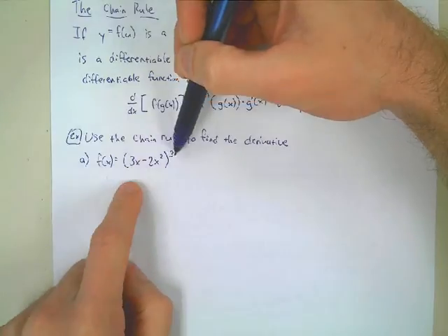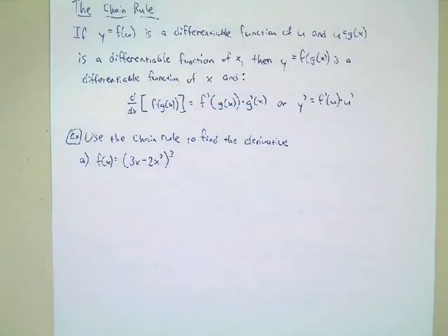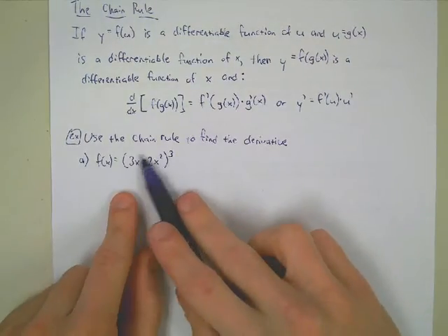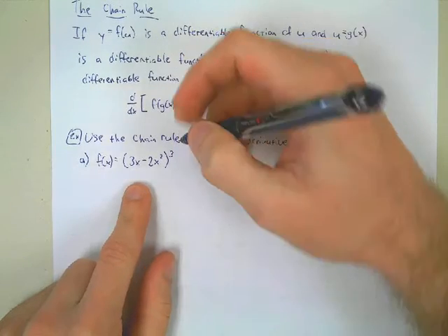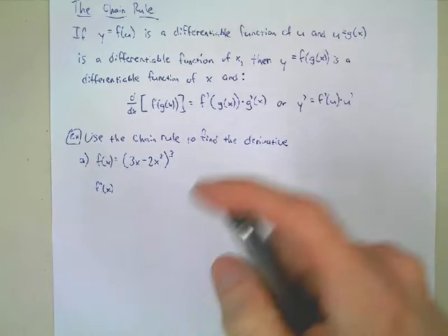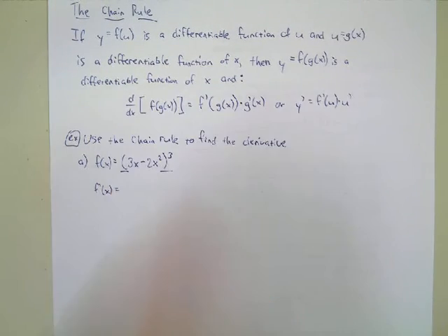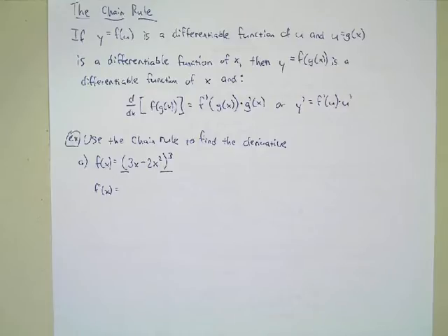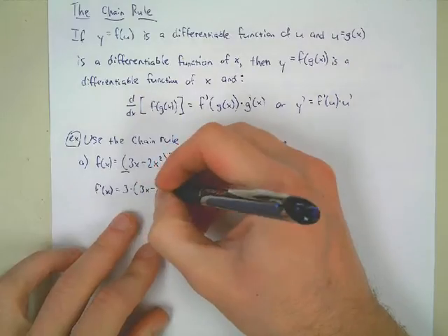So what is the outermost layer here? The cube, right? This thing's inside the cubic. So our f is this cube. When I go to take f prime of x, I'm going to take the derivative of this cube first. So what's the derivative of something cubed? 3 times that something to the 2 power.